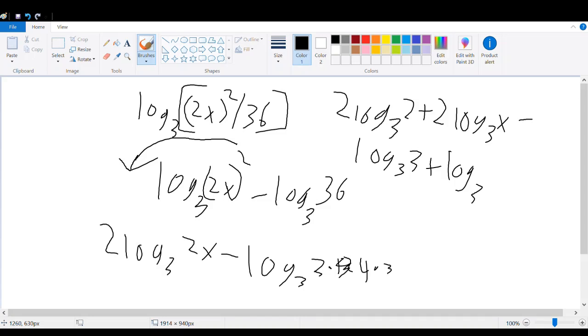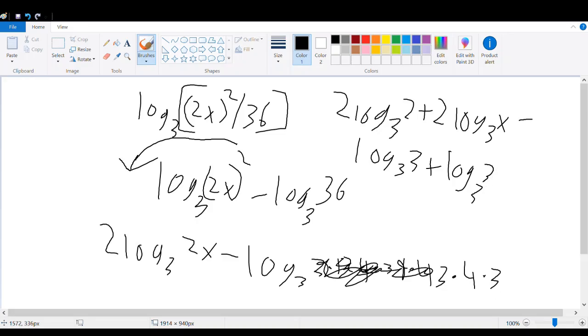Wait, yeah, so then 36 can also be rewritten as 9 times 4. I think I'm just going to stick with that, because it's less writing. Oh my gosh, I'm making this so much worse for myself. No, let's just go back to 3 times 4 times 3.